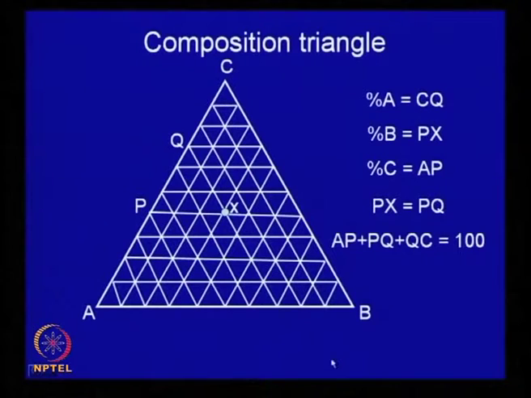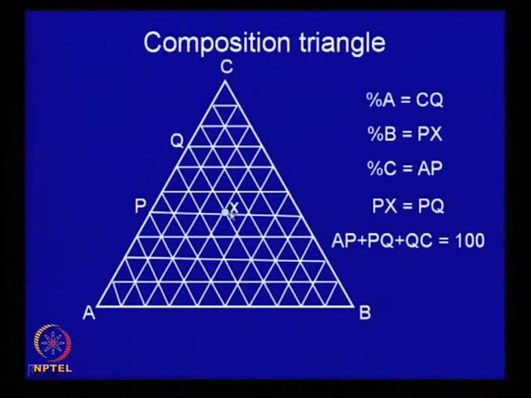In the same way, lines drawn parallel to the side opposite vertex A, that is CB, represent the percentage of A. Similarly, lines drawn parallel to the side opposite vertex B, that means all lines parallel to AC, represent the percentage of B, and this end is 100%, this end is 0.